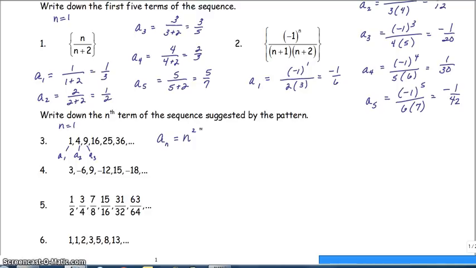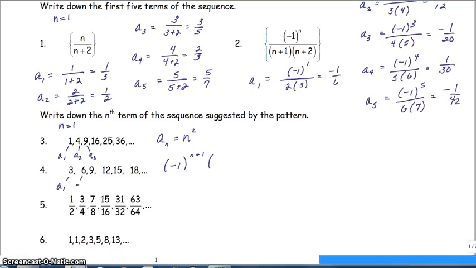For problem 4, I have alternating signs. Now that tells me that I'm going to have -1 raised to some power. And now the 3, which is a sub 1, is positive, so I don't want to take -1 and raise it to the n power. I need to raise it to the n plus 1 power. So I would have 1 plus 1 or 2, which would give me a positive value.